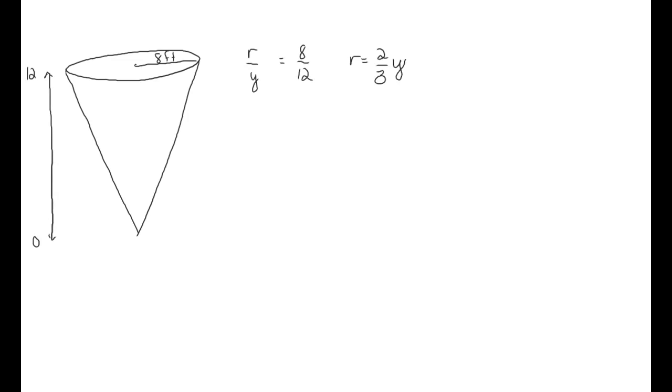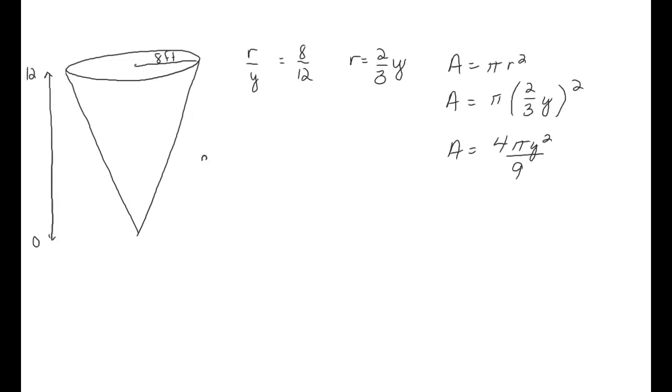So literally you are correct in that the radius and height were different. However, notice that the ratio is actually the same. So the area of a cross section is still pi times radius squared. That's going to be pi times 2/3 y squared, or 4 pi y squared over 9. So that piece is the same as before.